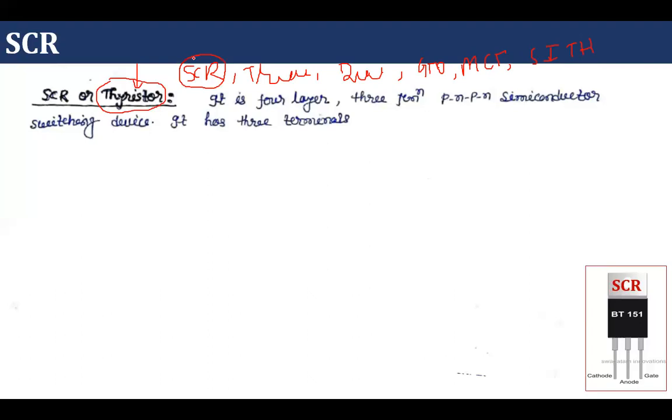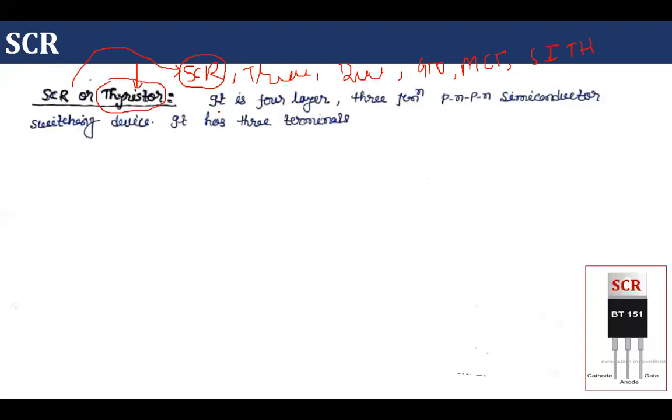That's why whenever we say we are going to use a thyristor in a circuit, it means we are referring to SCR, although thyristor is the name of a particular semiconductor device family.